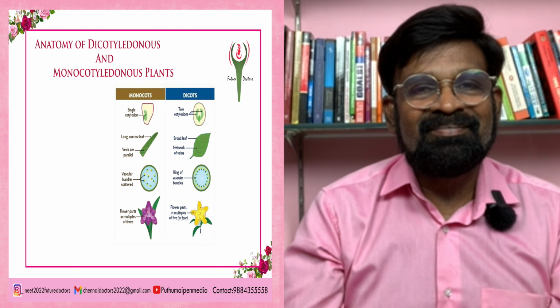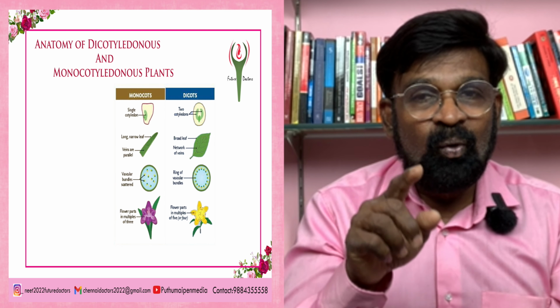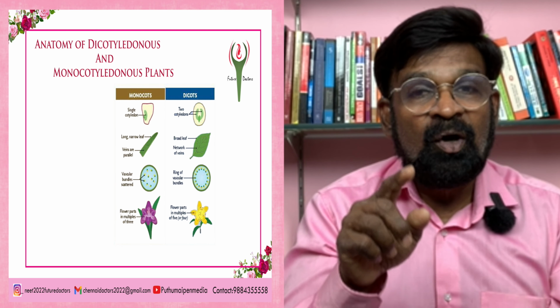Dicot root: the primary internal structure of dicot root can be studied from the transverse section of a young root of sunflower, pea or gram. The primary root has only primary permanent tissues that are formed from the vegetative shoot apex.